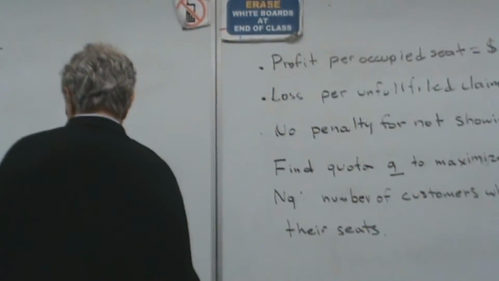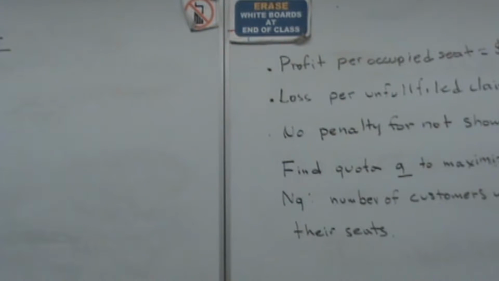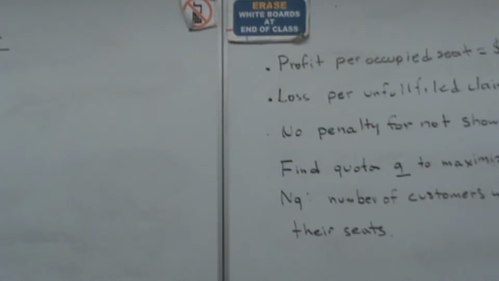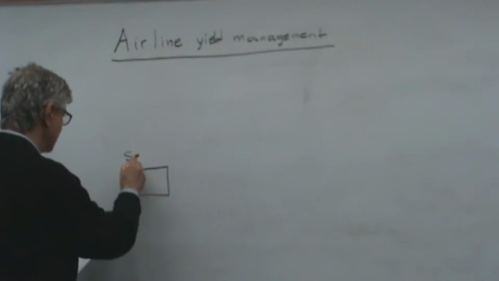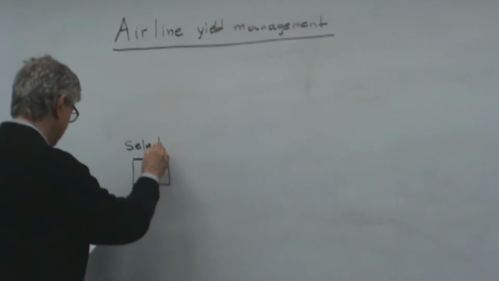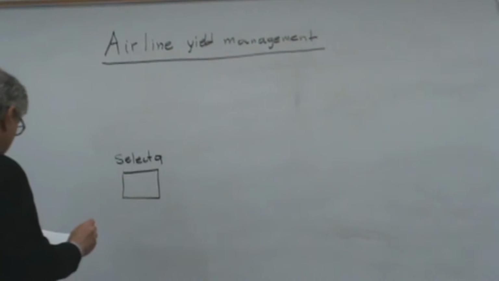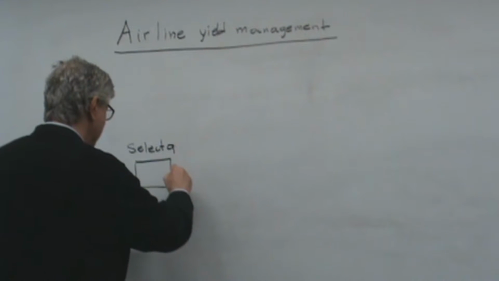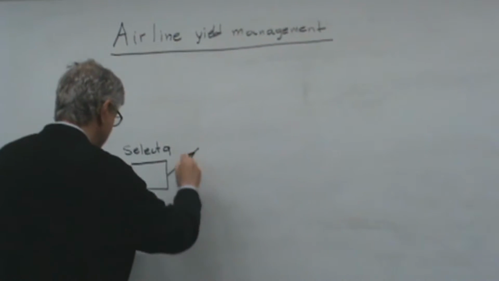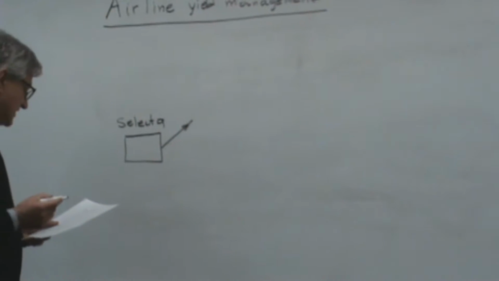Okay, so here is the flow chart of the process to determine the optimum number of reservations. So we select the value of Q. If it is 32, we said that we should start from 32 because we already have 32 seats.